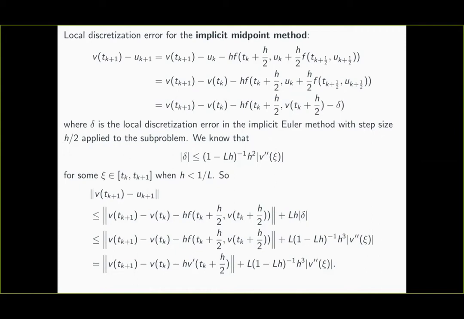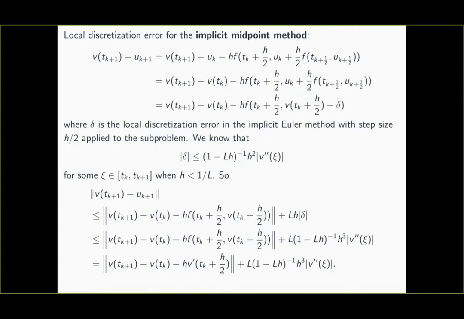And using the definition of u_k+1 in the implicit midpoint method, we write this as v(t_k+1) minus u_k minus h times f at time t_k plus h over 2 and (u_k plus u_k+1)/2, f at time t_k+1/2, u_k+1/2. Here in that case, u_k+1/2 is that intermediate iterate to be used in the computation for the implicit midpoint method.